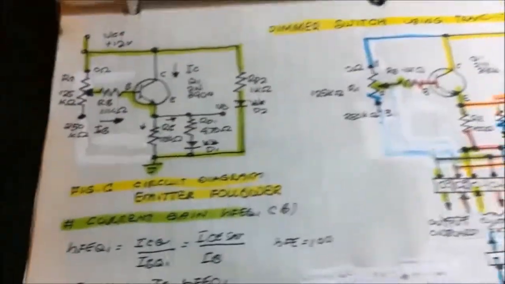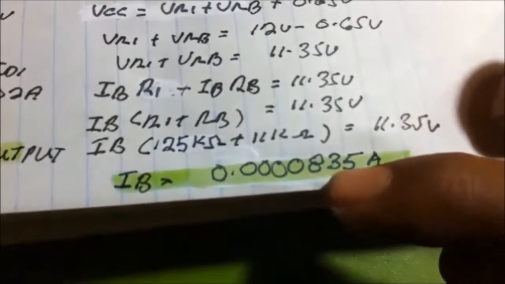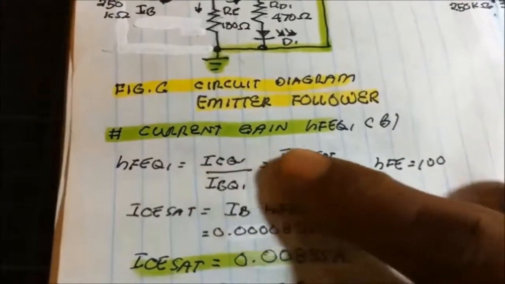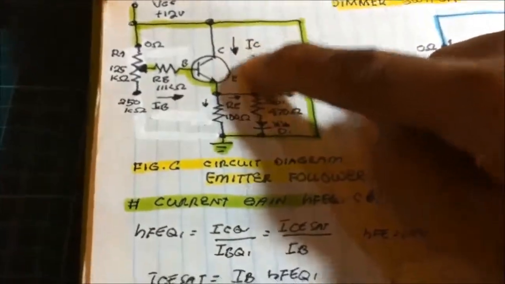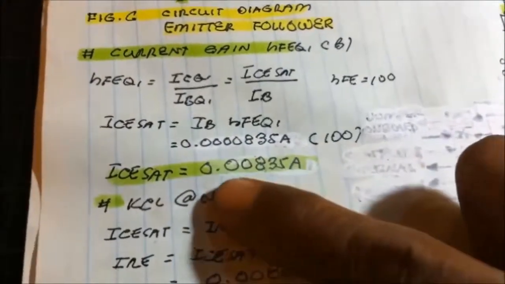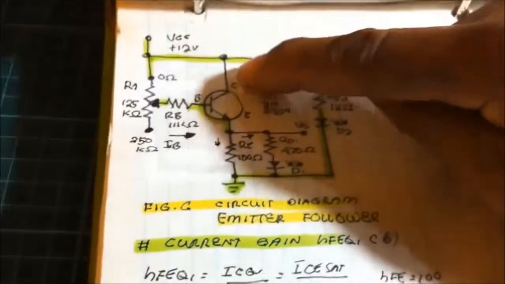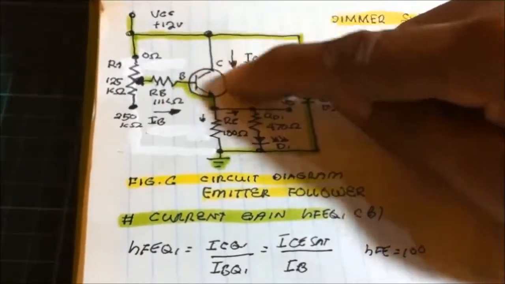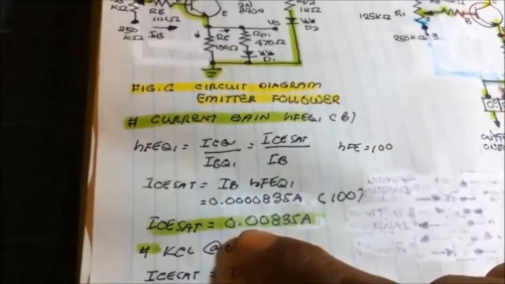You can see that there is a base current of 0.0000835 ampere, and when you use the current gain formula for computing the collector current, with IB substituted, we got 0.00835 ampere. That is the supply current delivered to the load, which is not enough to drive the LED.